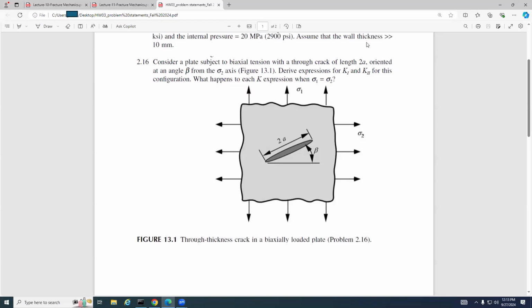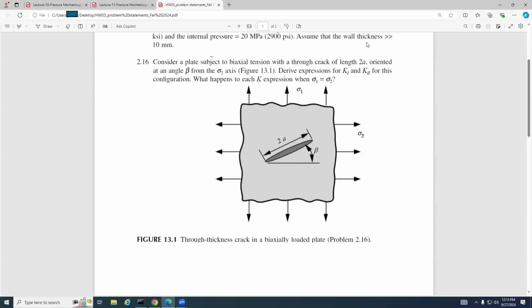We use the superposition. Superposition means that we don't take care of sigma 2; we only take care of sigma 1 first. Because this crack is oriented by the beta angle, due to sigma 1 we have K1 and also K2, right? K1 is opening, K2 is sliding.